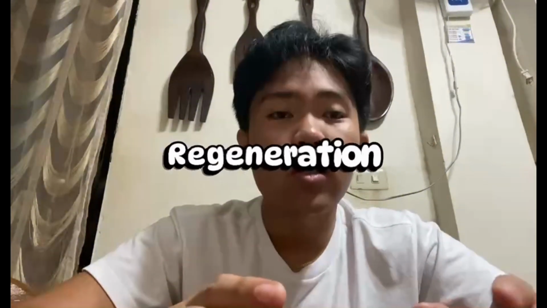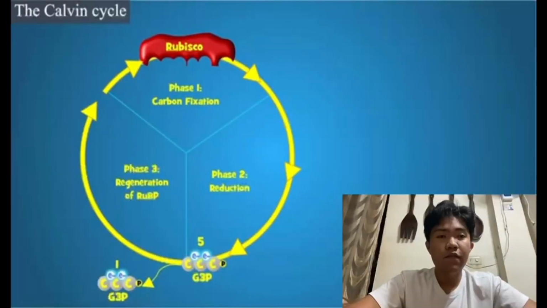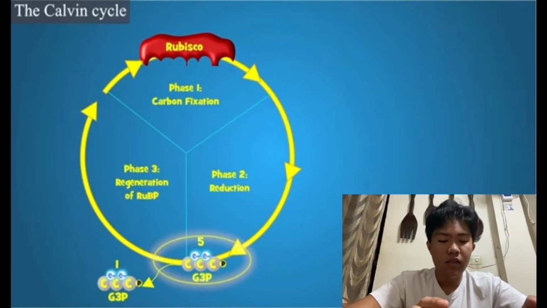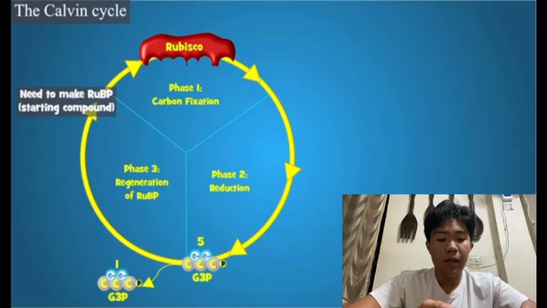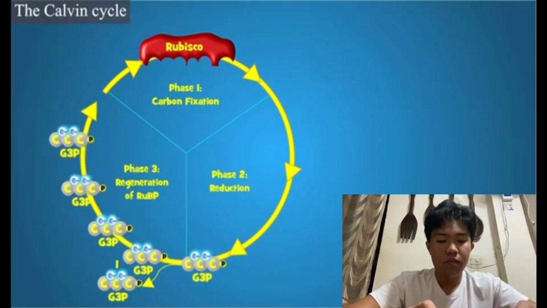After carbon is fixed and reduced into G3P, or glyceraldehyde 3-phosphate, what happens next? That's where regeneration comes in. The regeneration phase converts 5 molecules of G3P back into 3 molecules of RuBP, the cycle's starting point, so the process can continue.